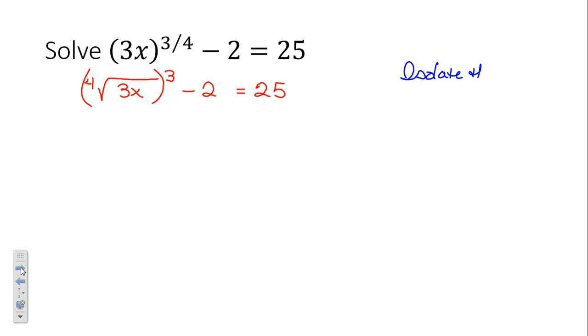Yep. Isolate that radical first, right? There's a negative 2 hanging out with it, so we're going to add 2 to both sides. That way we don't have to mess with trying to get rid of or trying to do all of this. So we'll have a 4th root of 3x to the 3rd power, and that's going to be equal to a 27.